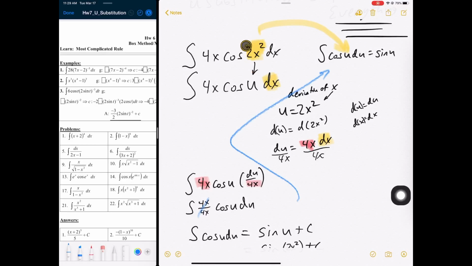If we can get rid of that inside value and call it something nice and simple, then we can make it look like an identity that we know. So we'll do a couple examples of U-substitution in general, and then we'll see how to identify problems that are U-substitution.